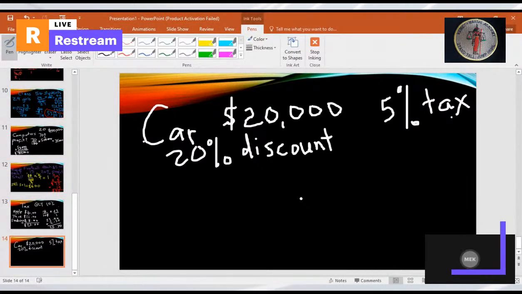However, there's a little thing we have to do first. We have to add this tax to it, and then we can give you the discount. So post your answers and tell me, what would you end up paying for the car? Let me see some answers coming in.